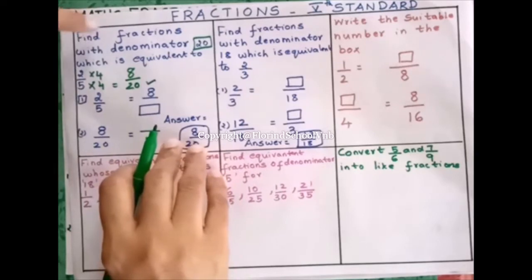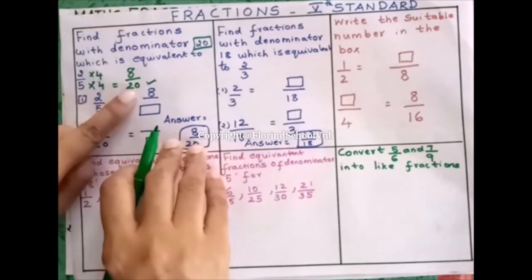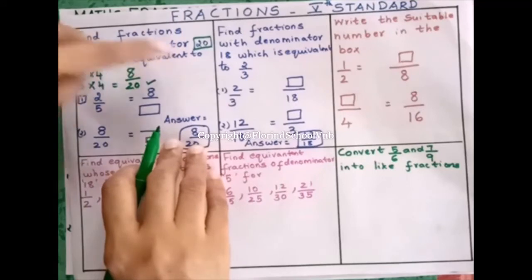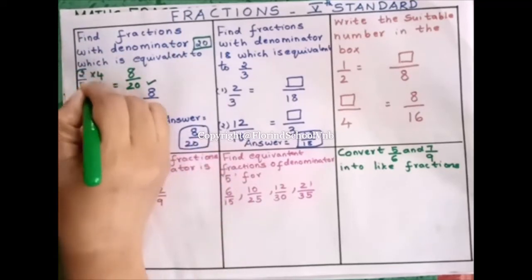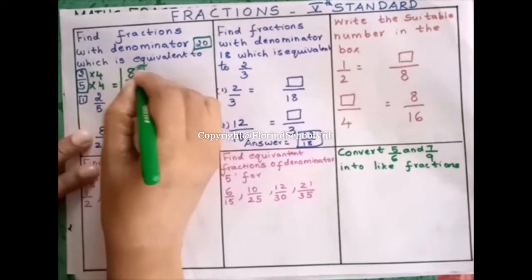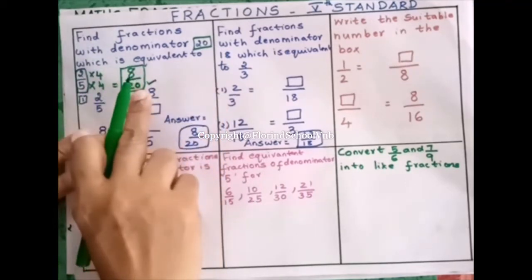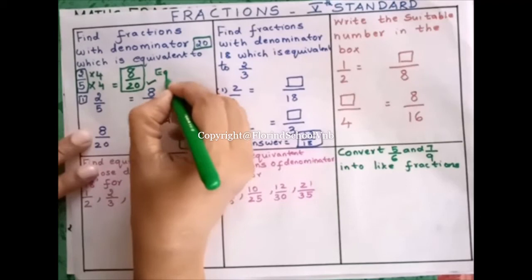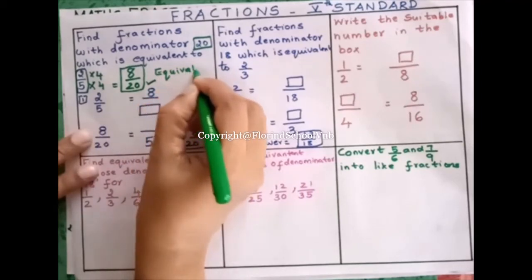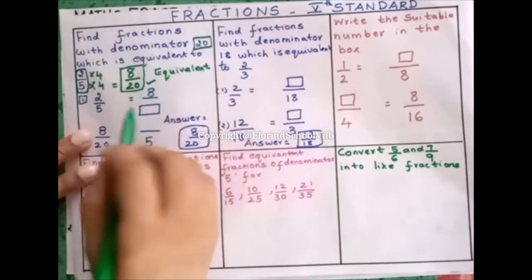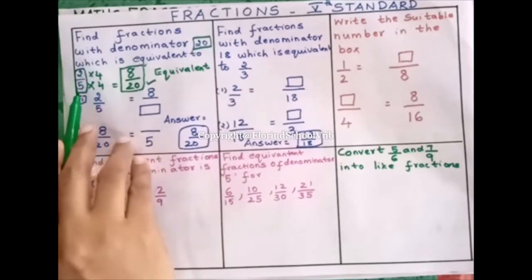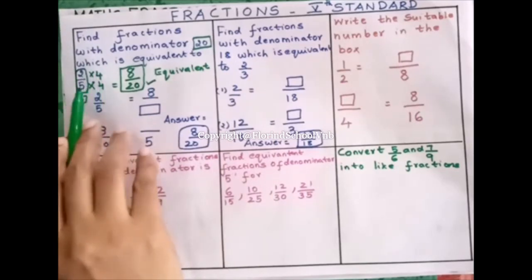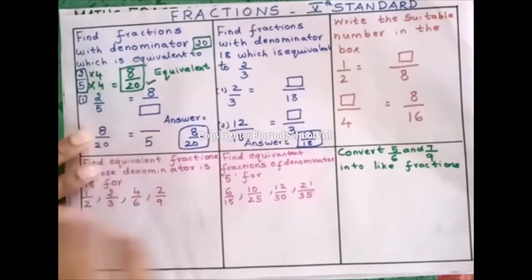So find fractions with denominator 20 which is equivalent to 2 by 5. Now 8 by 20 is equivalent to 2 by 5. Why? Because both the numerator and denominator are multiplied by the same number 4.